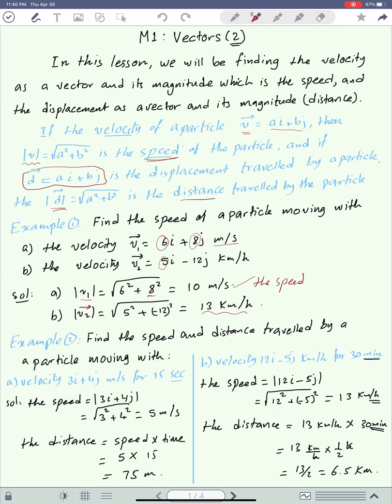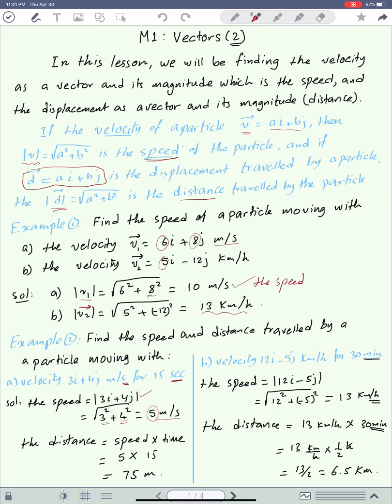Example 2, find the speed and distance traveled by a particle moving with, first part, velocity 3i plus 4j meter per second for 15 seconds. So this part A is consistent, the same units. The first part we find the magnitude of this vector, which is 3 squared plus 4 squared under the square root, it's 5 meter per second.